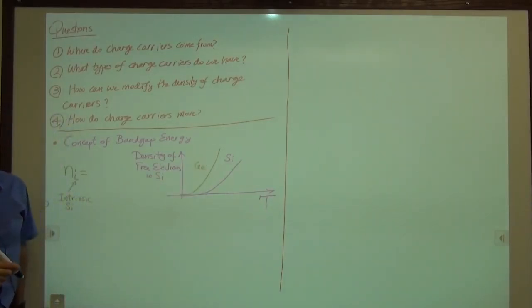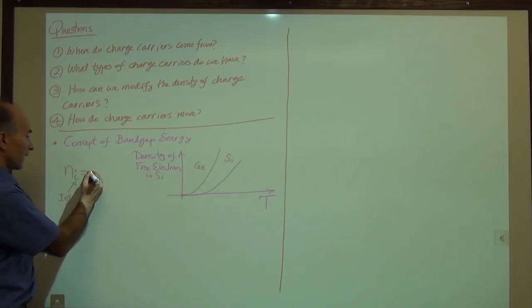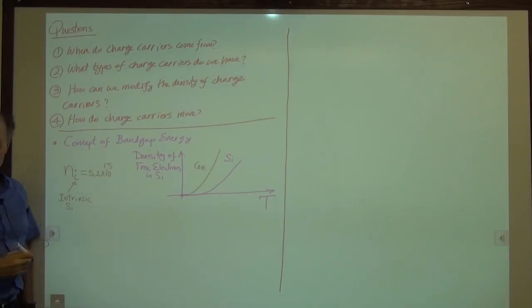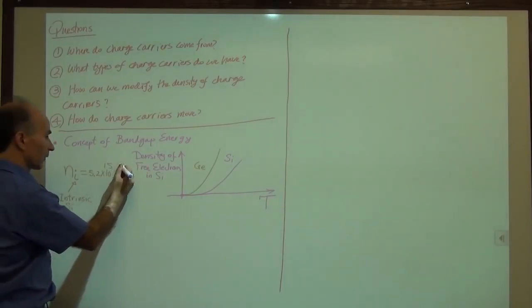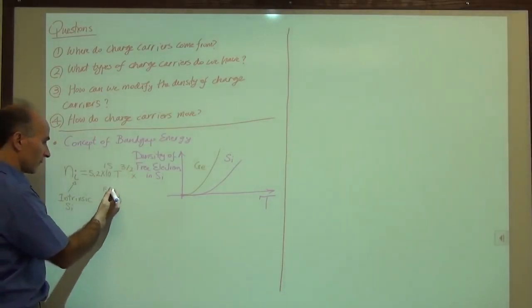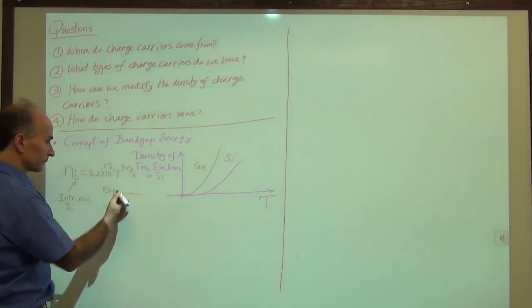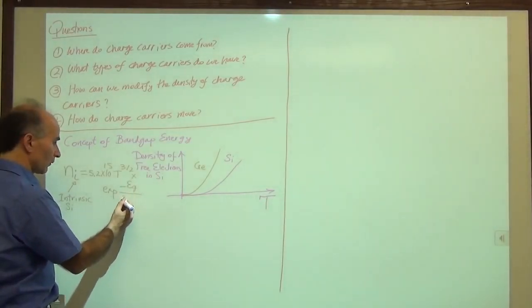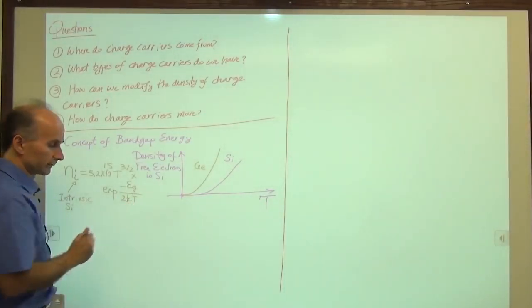So let me write the equation. It's 5.2 times 10 to the 15 times T to the power of 3 halves times exponential of minus Eg over 2kT.